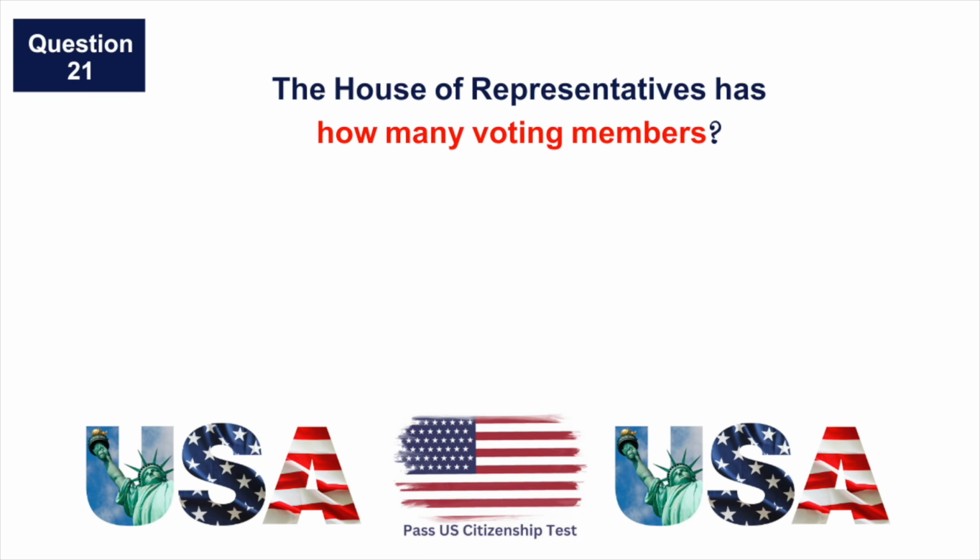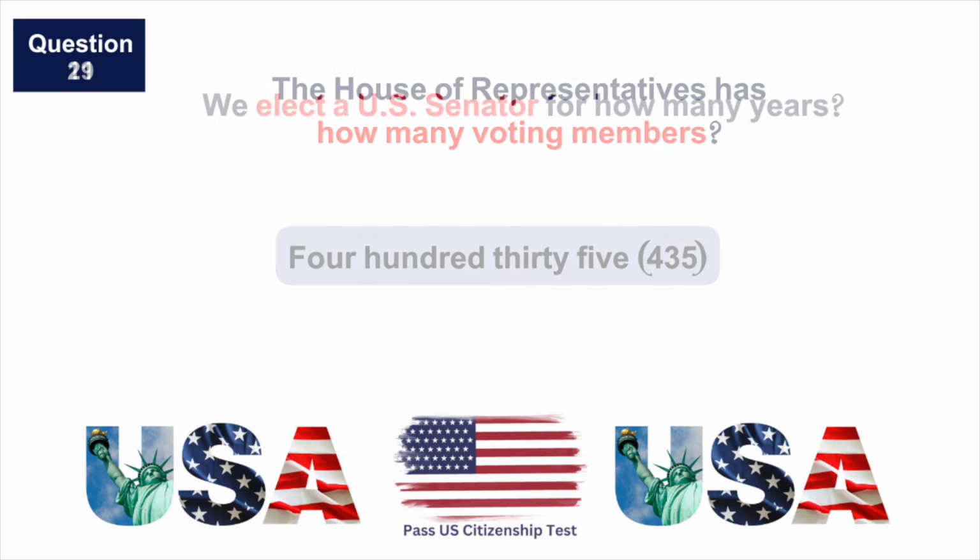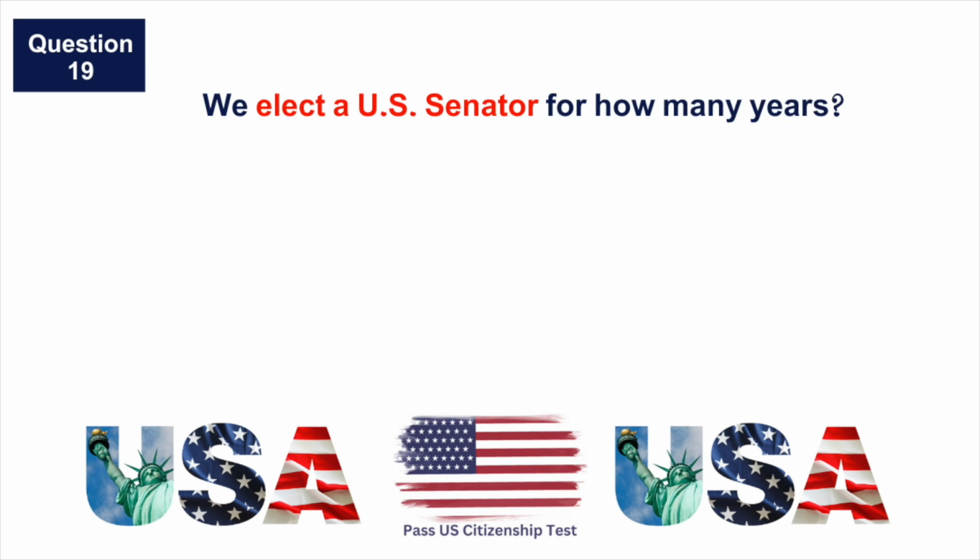The House of Representatives has how many voting members? 435. We elect a U.S. Senator for how many years? Six.